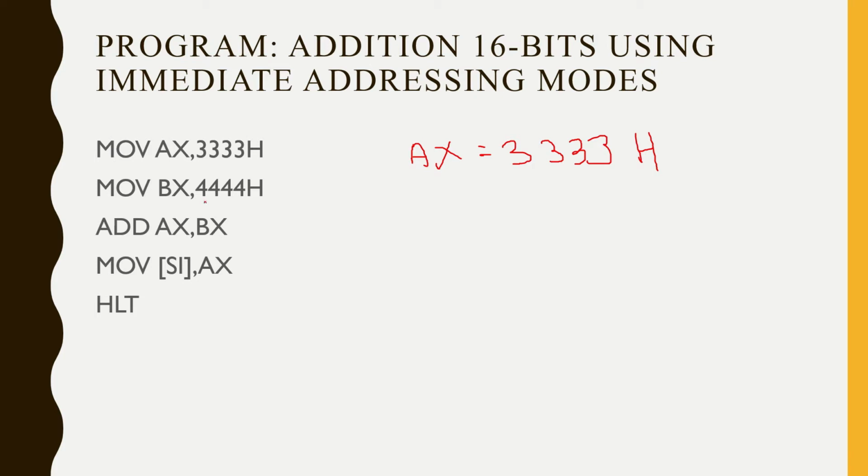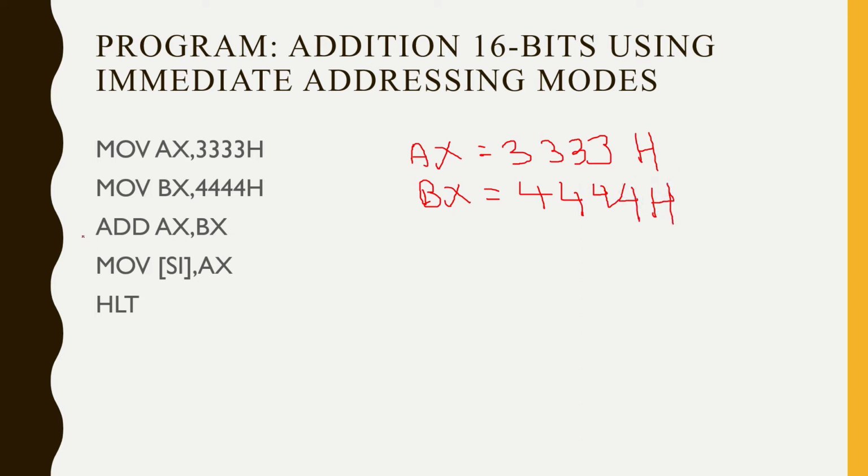Then we have initialized register BX with another number, that is 4444H. Any number you can initialize. So after execution of this instruction, the content of register BX will be 4444H.